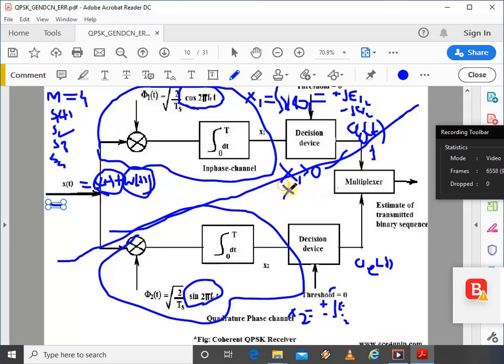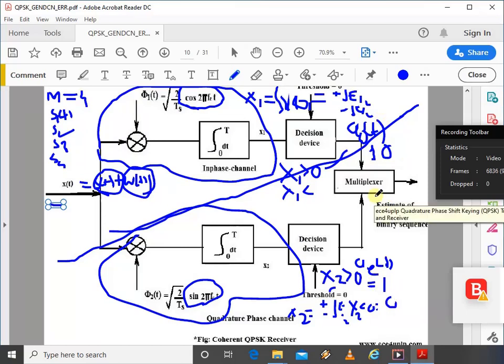If x1 is less than 0, the receiver makes the decision in favor of symbol 0. Similarly, at the lower arm, if the value of x2 is greater than 0, the threshold value, the decision will be taken in favor of symbol 1. If x2 is less than 0, the decision will be taken in favor of symbol 0. So the output of these decision devices will be the odd bit stream and the even bit stream.